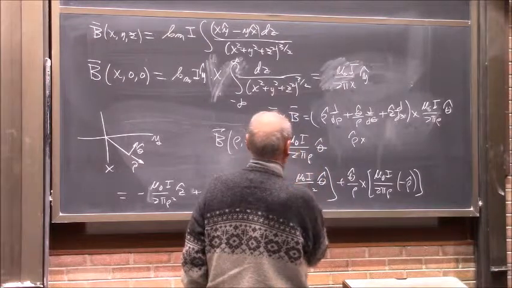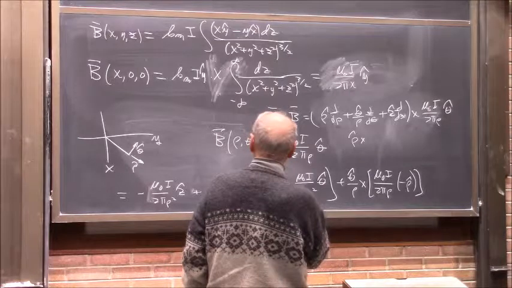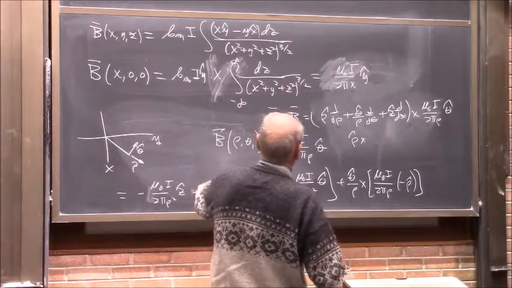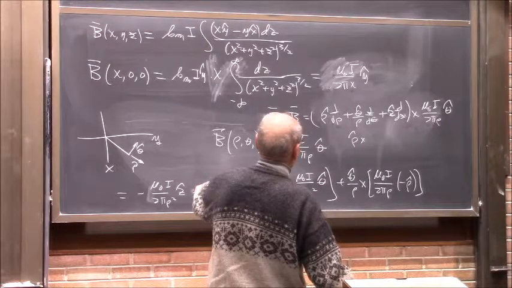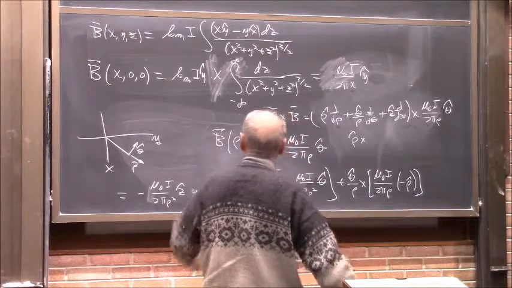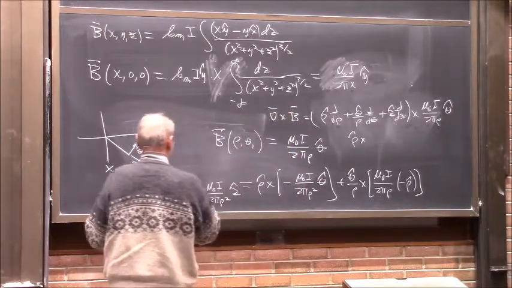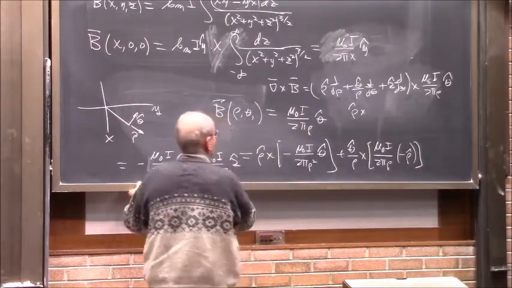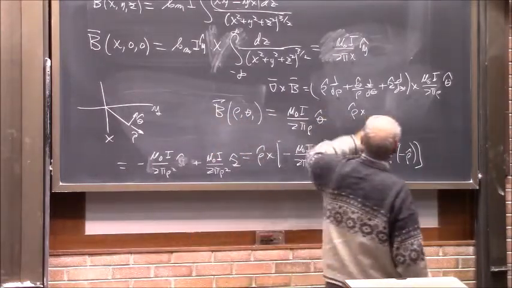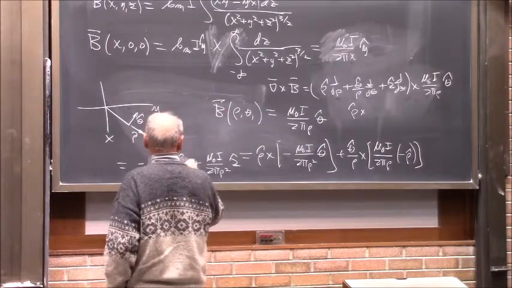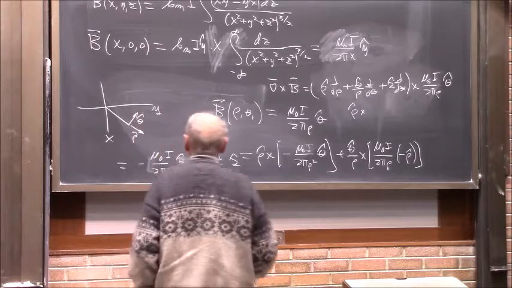And so I got mu 0 I over 2 pi rho squared, that's right, minus sign, times theta hat, and rho hat cross theta hat is in fact z hat.